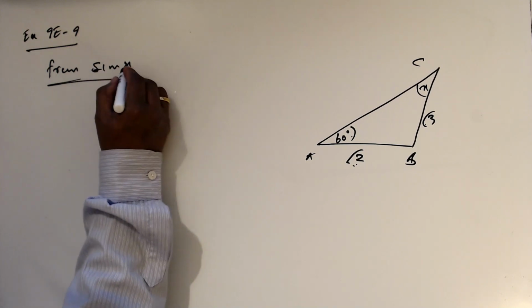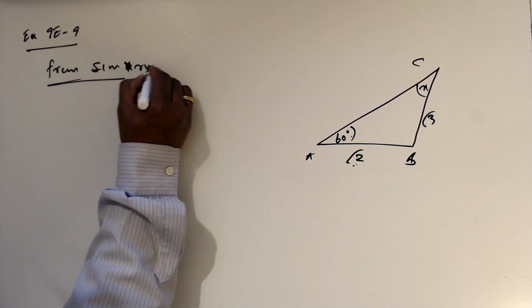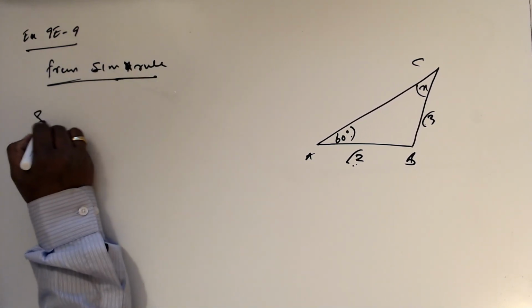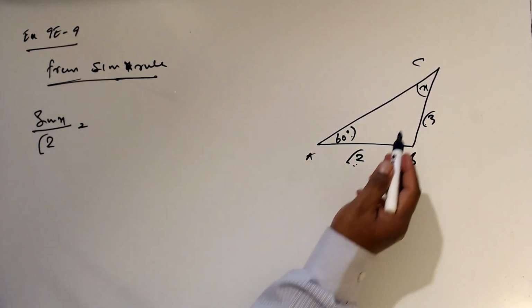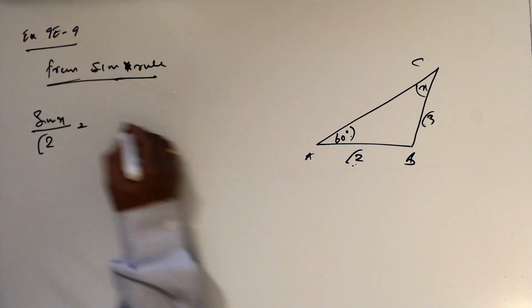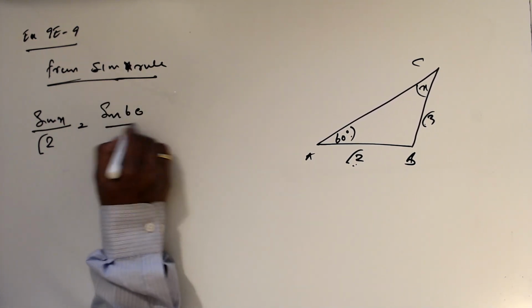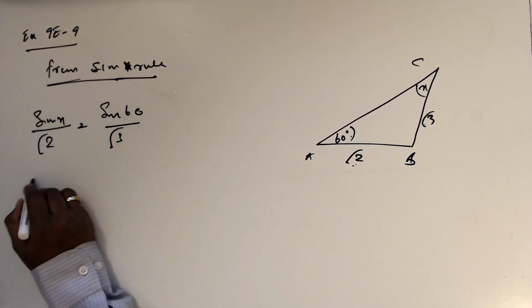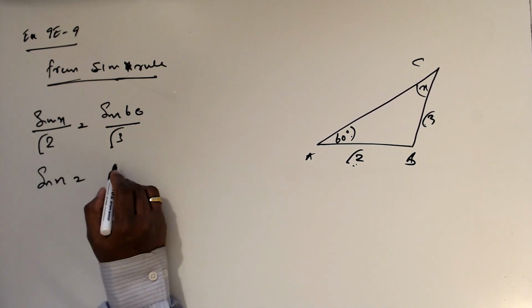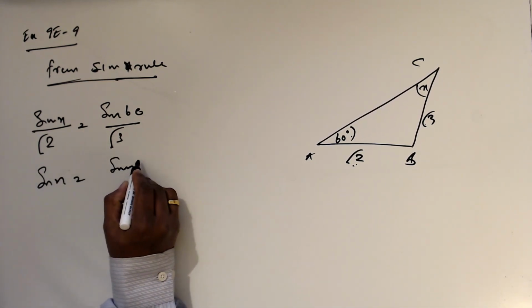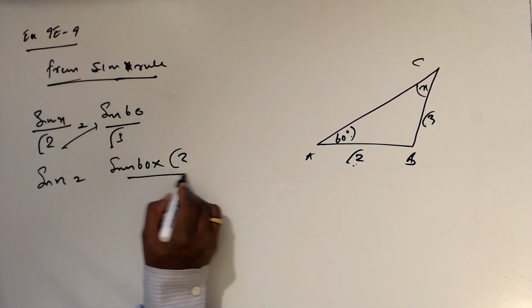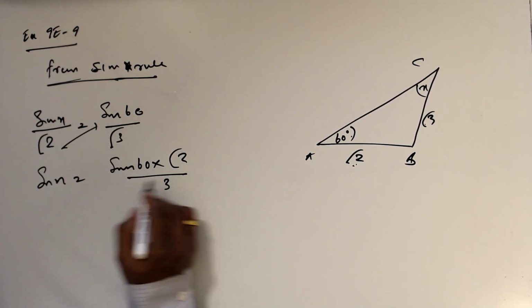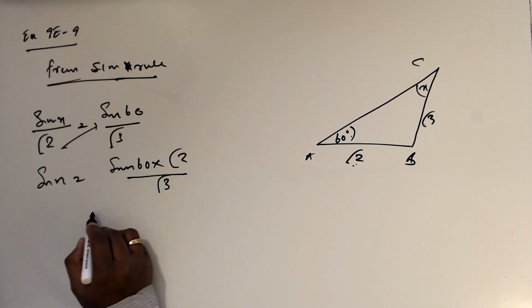sine x over square root 2 equals sine 60 over square root 3. So sine x equals sine 60 times square root 2 over square root 3.